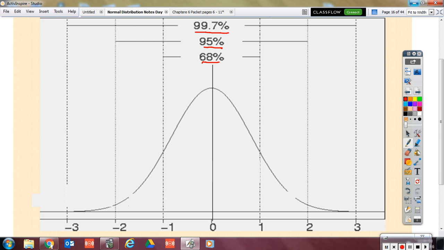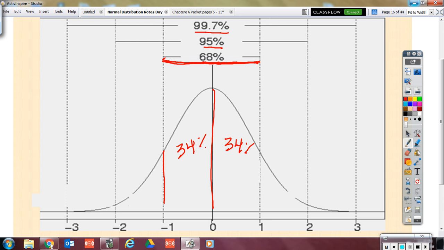So let's start with this middle section. If I know that from -1 standard deviation to +1 standard deviation is 68%, then how much is in this section right here on the left side of it? Good. So this has 34% in it.